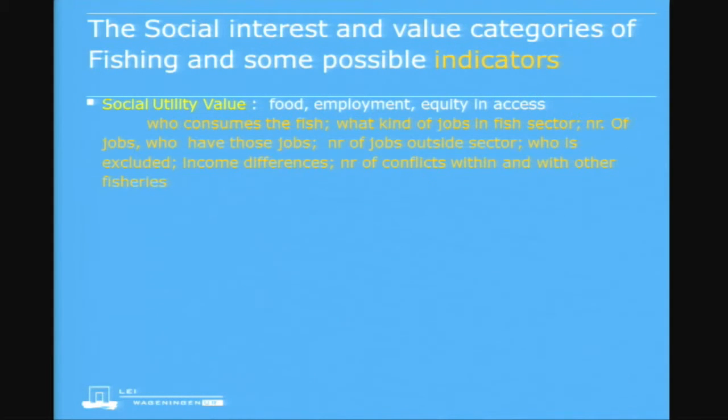How can you ascertain those values and interests? I just thought about some of those indicators. I'm not sure if it is necessary to follow all those ideas, but it's often said that if you know the number of jobs, then you know something.